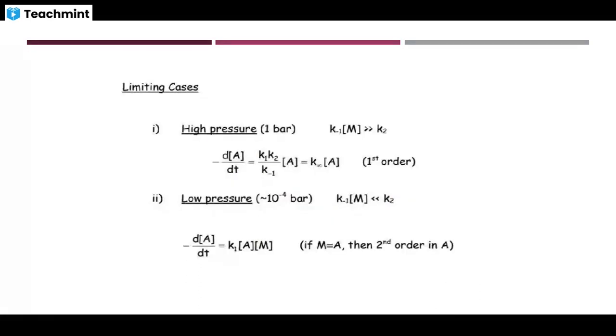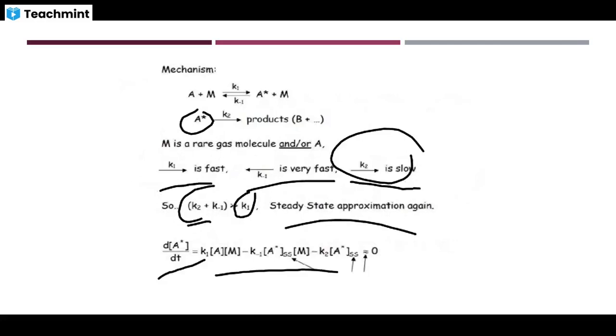The limiting case at high pressure. At high pressure, what happens? K1 M is higher than K2, and K minus 1 is higher than K2. So at higher pressure, the A star collides with M and goes back to form the initial A, not forming the product.